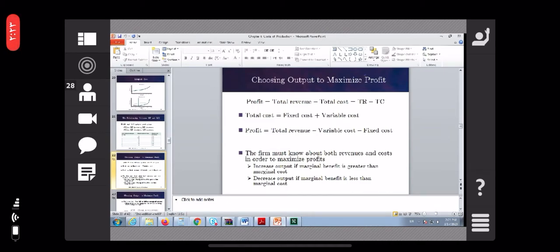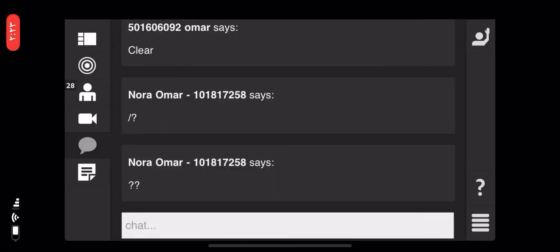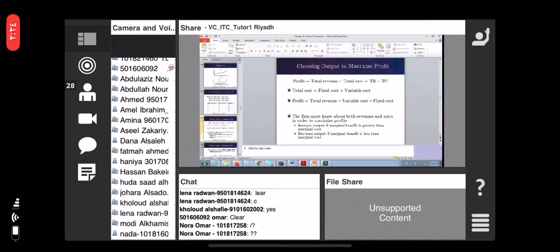Decrease output if the marginal benefit is less than the marginal cost. I will explain that in a chart.